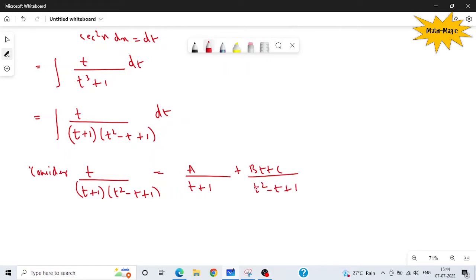Since it's a quadratic in the denominator, the numerator is going to be linear. So what we get is t equals a times t square minus t plus 1, plus t plus 1 times bt plus c. Now we will substitute some nice values of t so that we can quickly get the values of a, b and c.